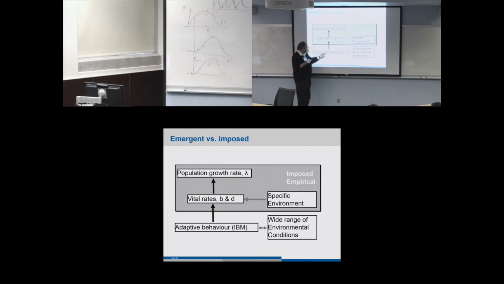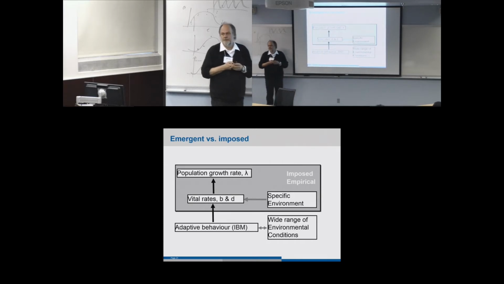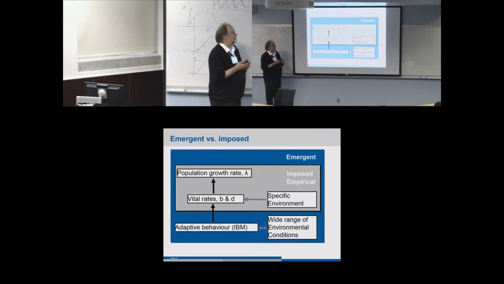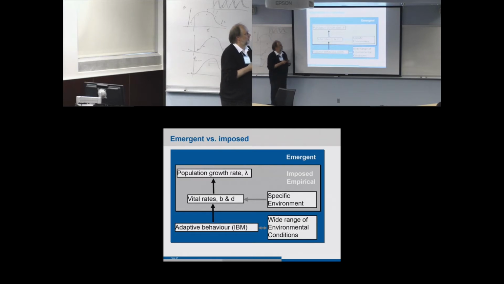If you can parameterize this submodel for a wide range of environmental conditions, which is the case for a dynamic energy budget model, not restricted to a specific environment, then you can use the entire model and have population growth rate as an emergent property. It's no longer imposed. I'm emphasizing this because in my home field, population ecology, many models are still not aware of this difference.